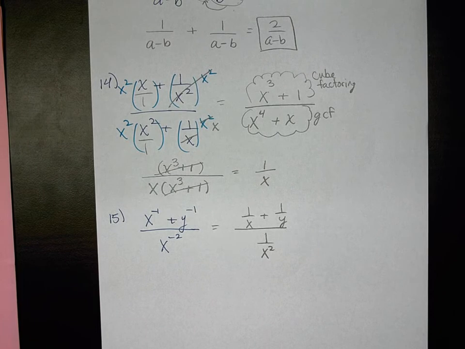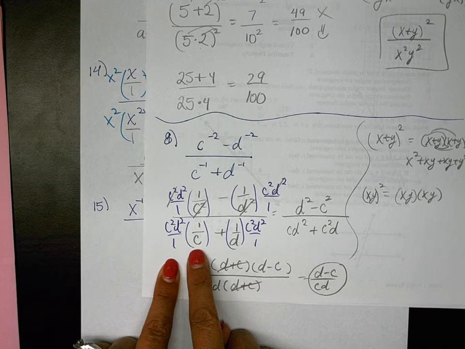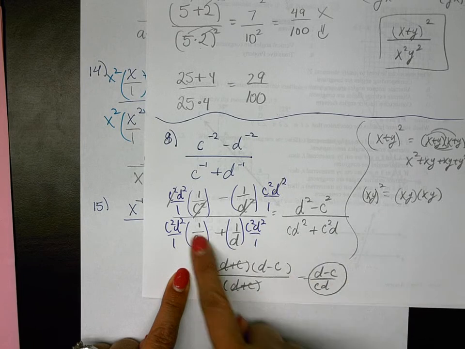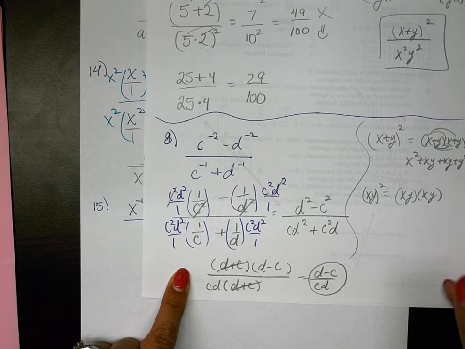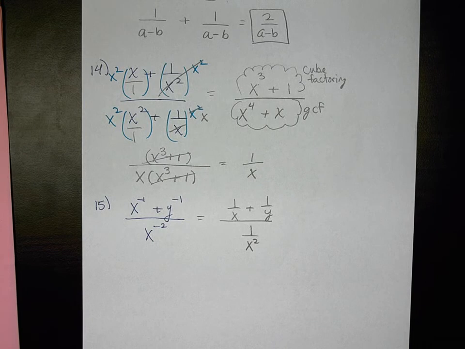Okay, so do you remember what you did on the previous? Let's see if I still have it. It was this one here. You did 1 over c squared, 1 over d squared, 1 over c, 1 over d, and then this is the one you told me. You told me to multiply everything by c squared d squared. Same type of problem. What would you multiply everything by?